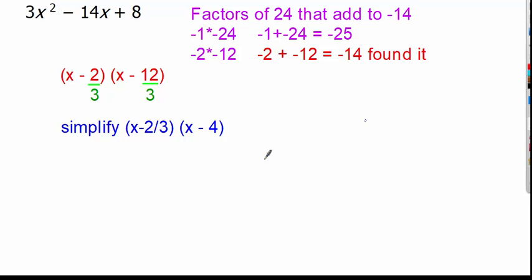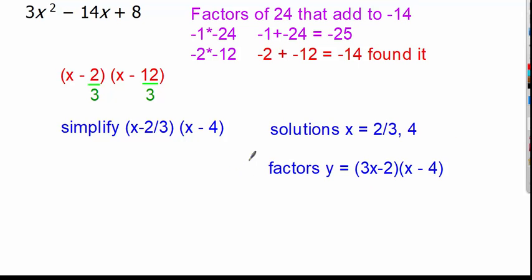Those two both simplify because 12 divided by 3 does simplify to a whole number. Solutions, change the sign, change the sign. For the factors, the 3 has to move, but there's nothing here to move in front of the x. And if I did FOIL this out, I would get back the original problem.